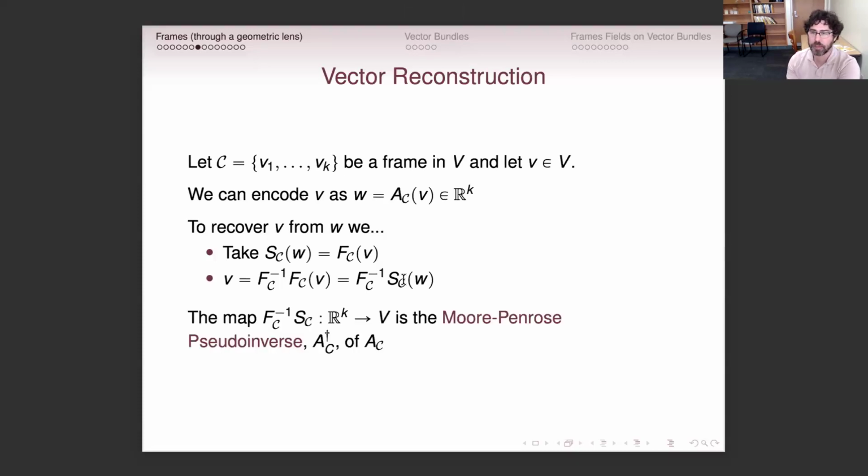And this map actually has a name. I didn't know this until very recently. This is what goes by the name of the Moore-Penrose pseudo-inverse, and it's typically denoted with a dagger. And so this is tied up in vector reconstruction.